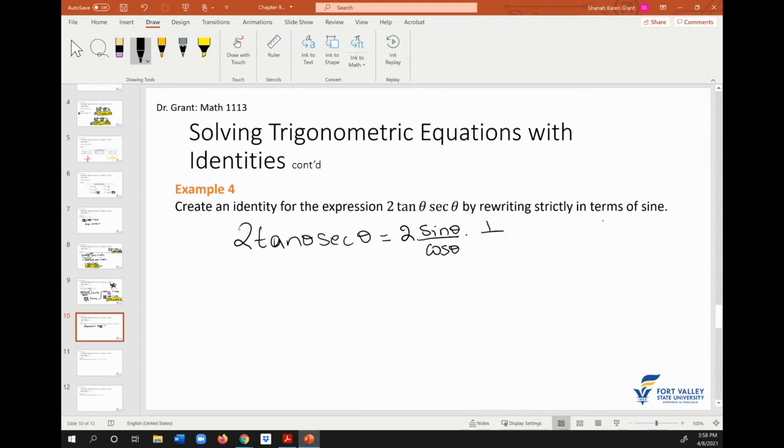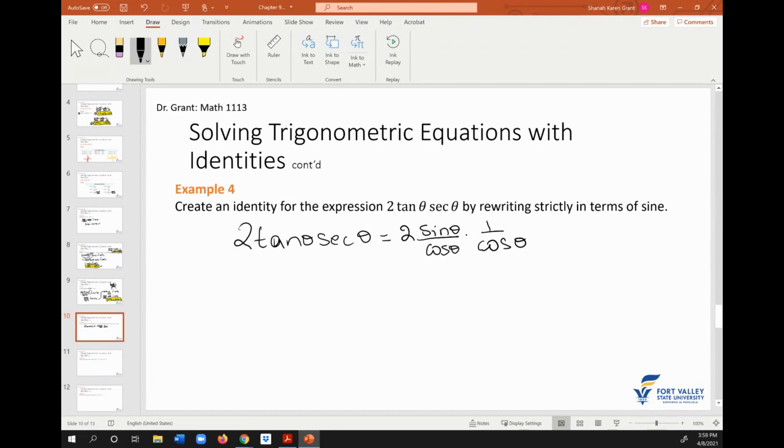We know that secant is 1 divided by cosine theta.